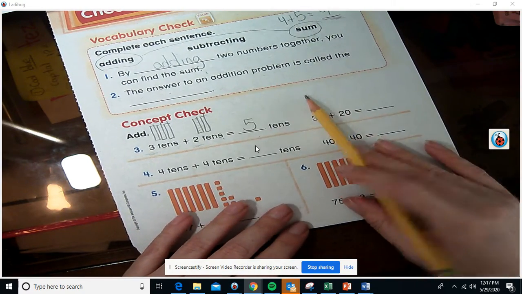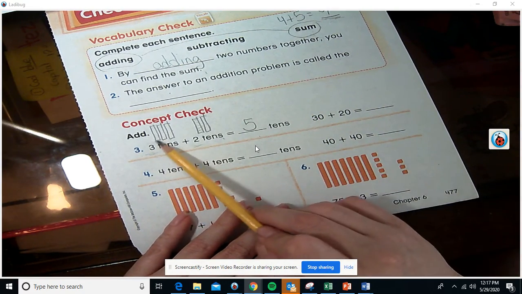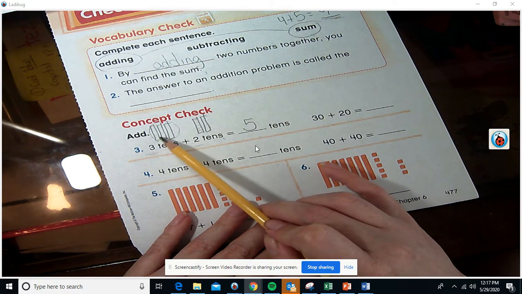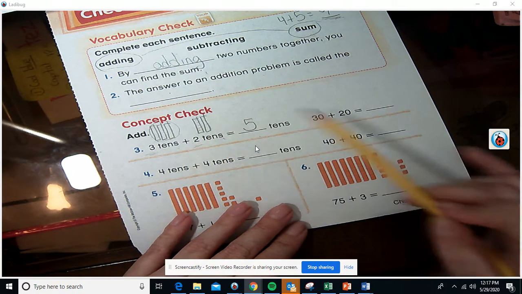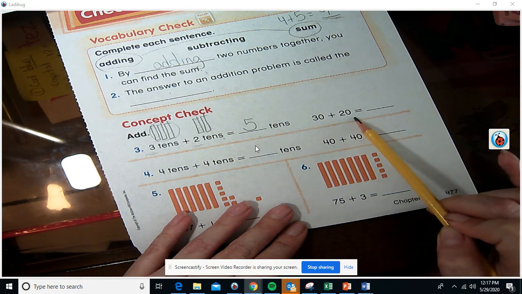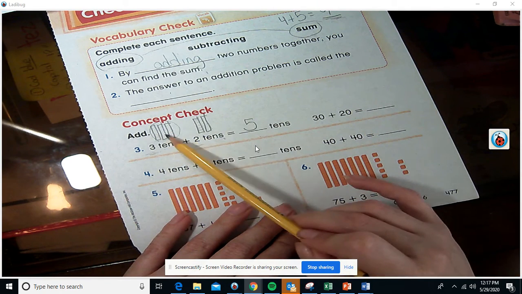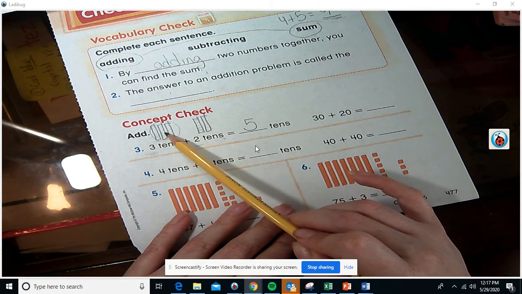Okay, what that really means is 30, 10, 20, 30 plus 10, 20. So 30 plus 20 equals, so how many little cubes do I have in here all together?